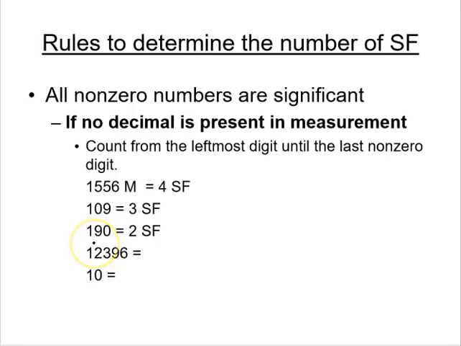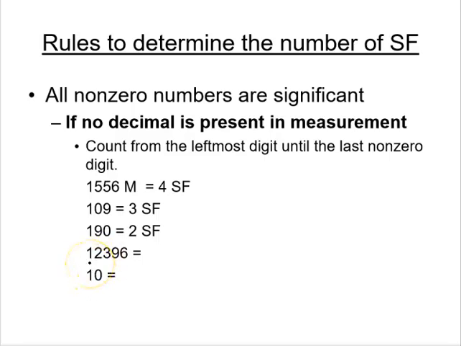The third example, 190, we're going to look from left to right. We have 1 that's significant, the 9 that's significant, but the 0 in this case is non-significant because it's not in between 2 significant figures. So we only have 2 significant figures in this case, the 1 and the 9. The 0 is not significant.